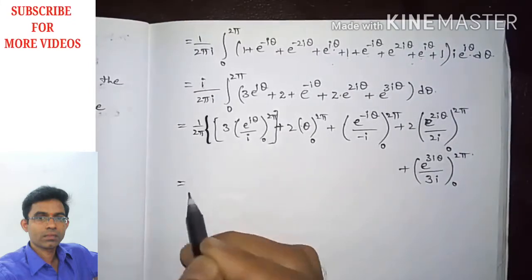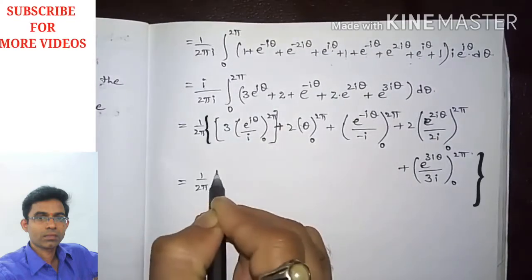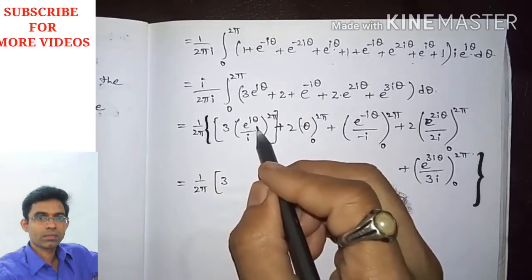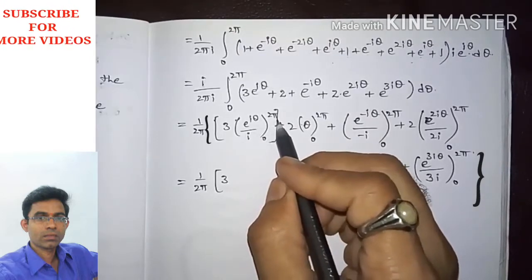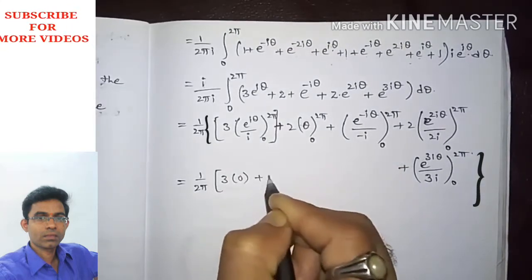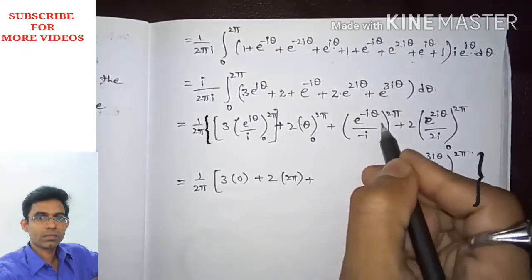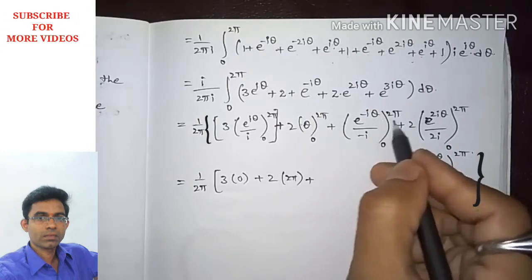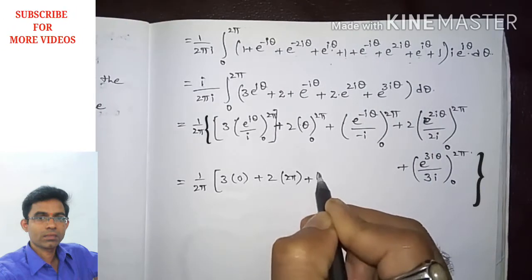This is the usual integration. Now we will apply upper limit minus lower limit. This is 1 by 2π into 3 into, here e^{iθ} means cos θ plus i sin θ, so this value is cos 2π plus i sin 2π minus 1, by i, which equals 0, plus 2 into 2π minus 0, which is 2π. Plus similarly e^{-iθ} means cos θ minus i sin θ, that means cos 2π minus i sin 2π, and this value is again 0.